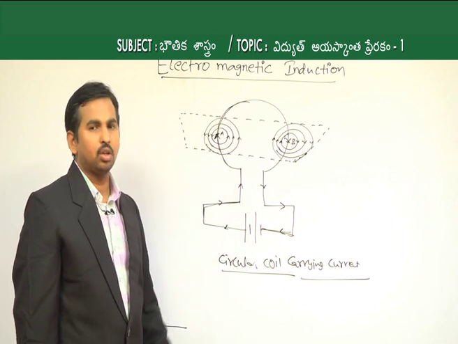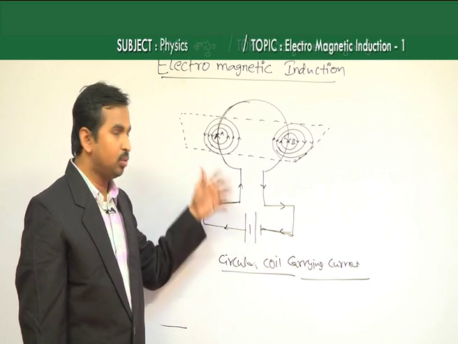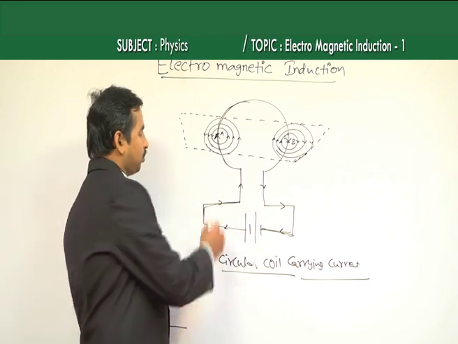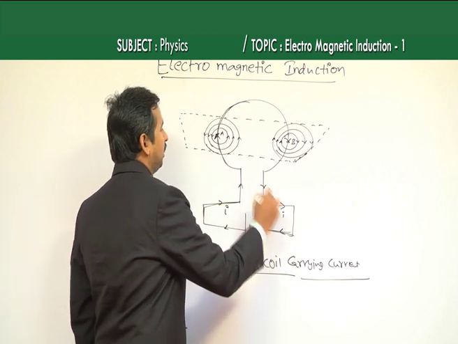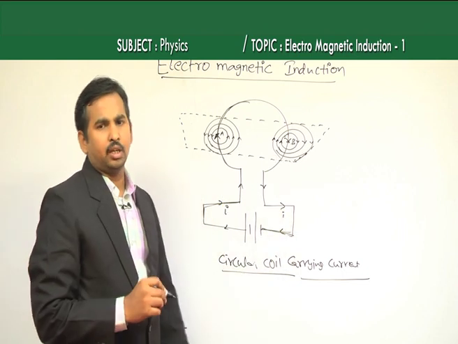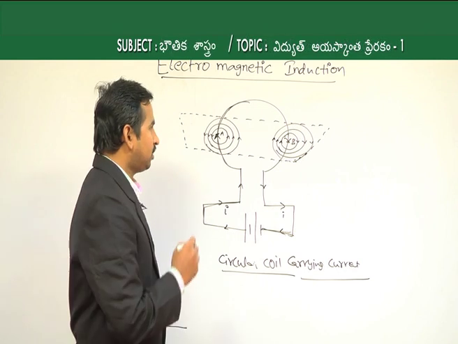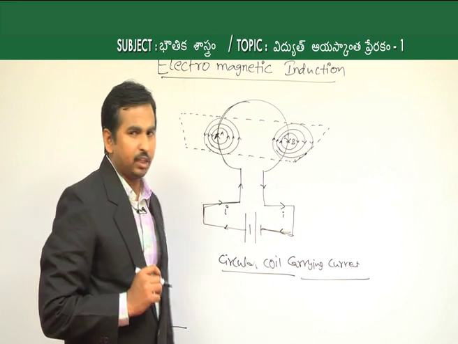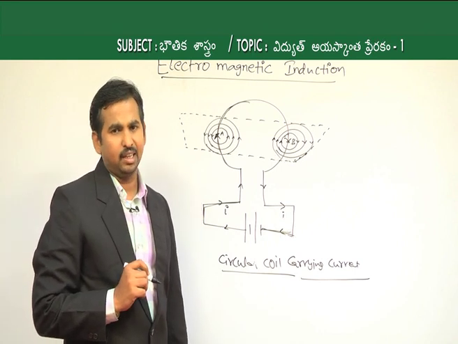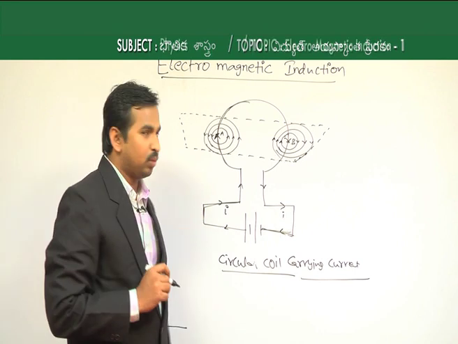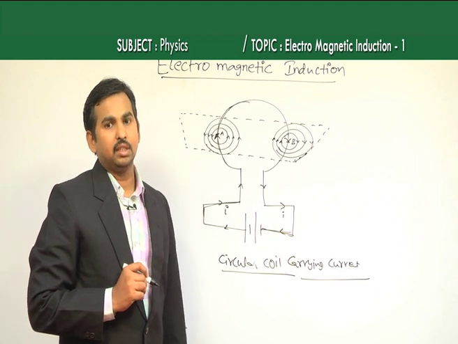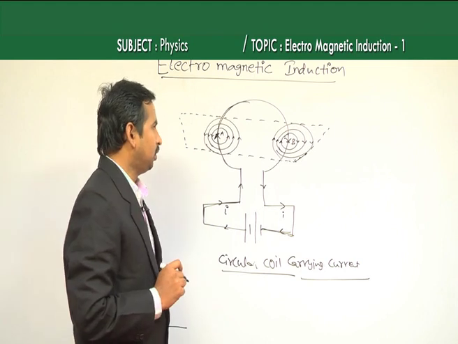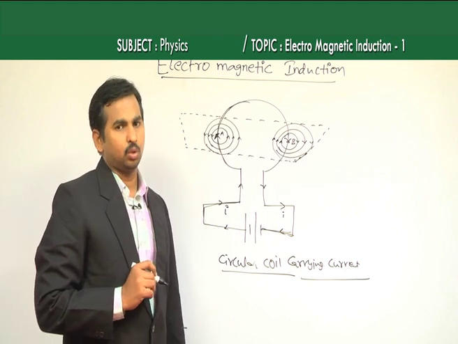Not only that, as we have two different directions at A and at B, one acts like a north pole and the other acts like a south pole of a magnet.